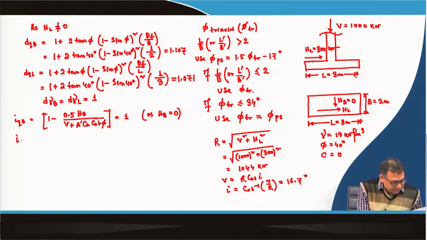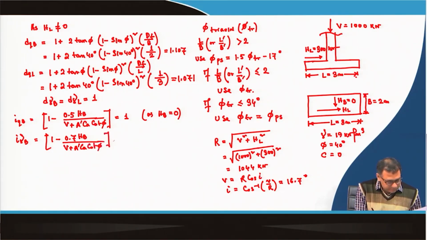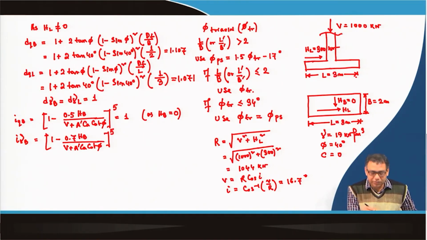Similarly, i gamma B is equal to 1 minus 0.7 HB divided by V plus A dash C A cot phi, and that is to the power 5 actually. As I mentioned, if nothing is mentioned in the question, I will use this value as 5.